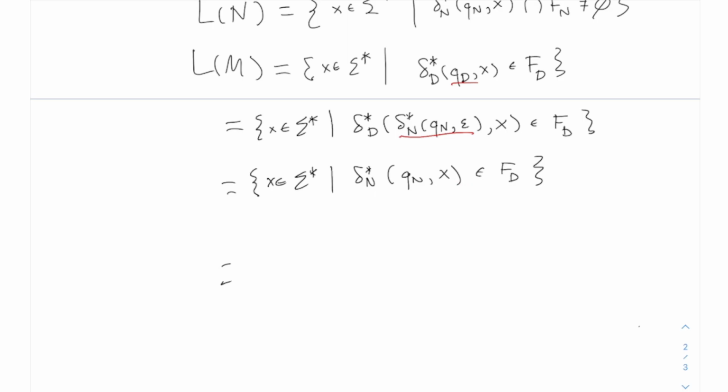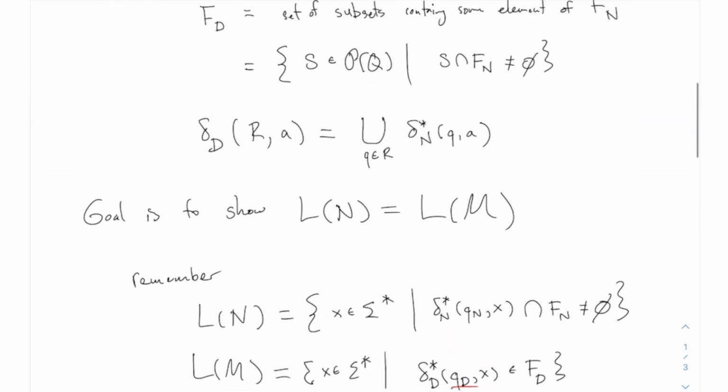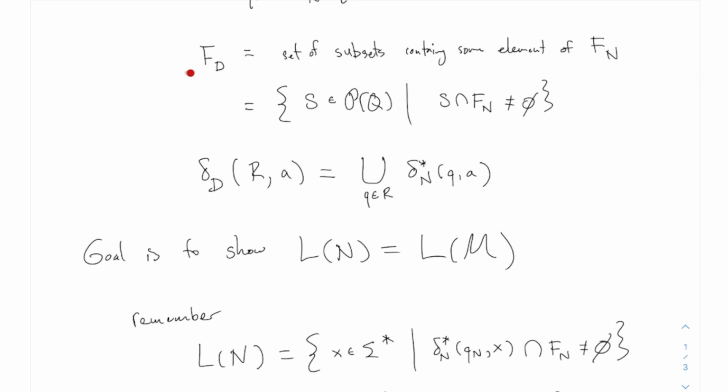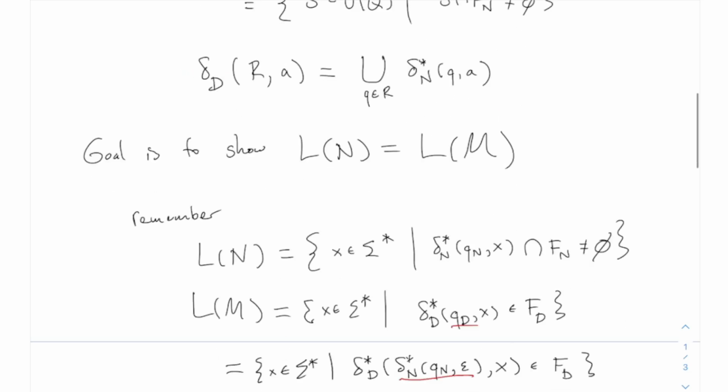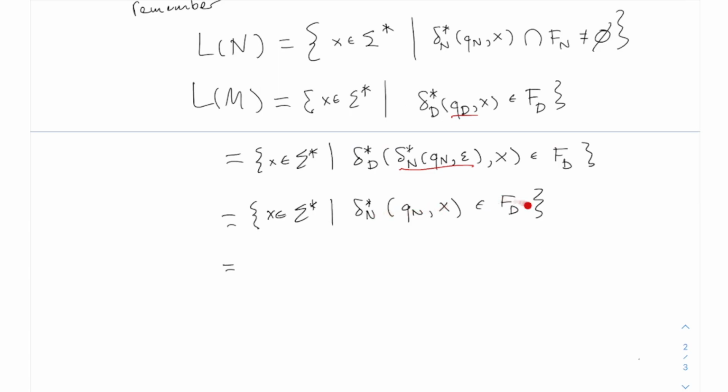All right. Continue rewriting. Okay. So the rest are more straightforward steps. To say this is in FD, remember the definition of FD? It is all sets where their intersection with Fn is not empty. So to say this is in FD, it means the intersection of this and Fn is not empty.